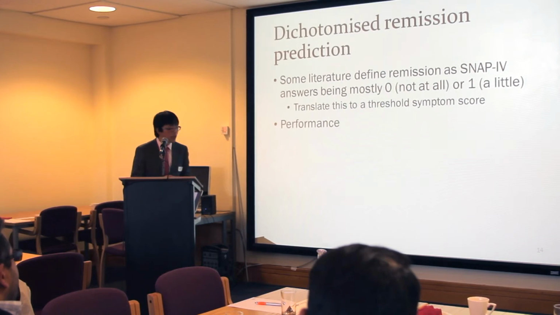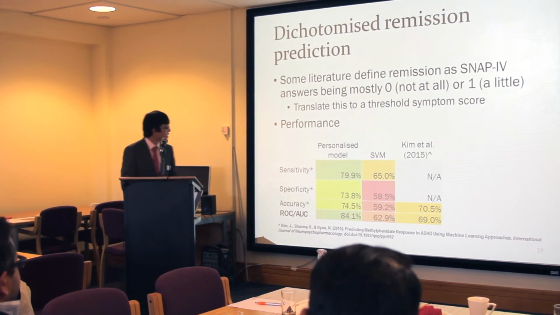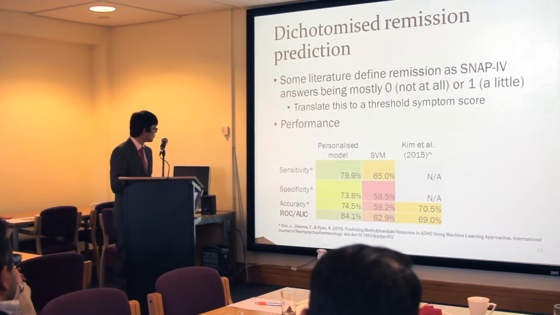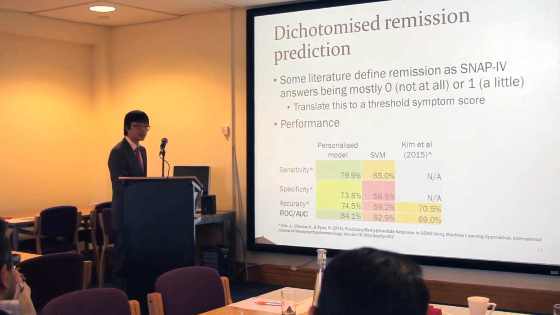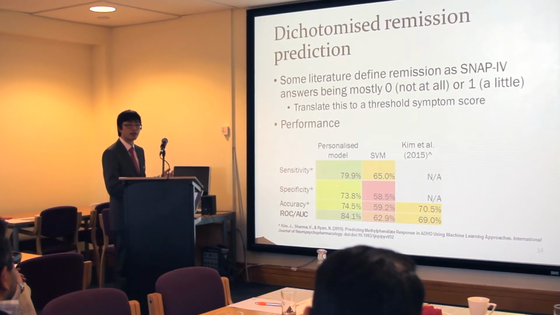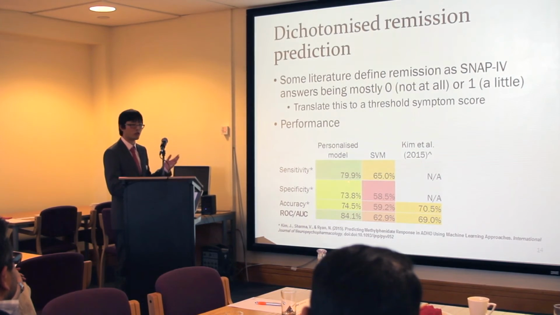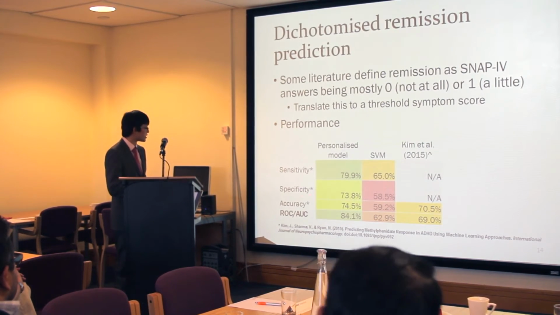Right, so here I have some performance results for the model I have developed. I don't know if you're aware of these terms. Sensitivity is the true positive rate, so how successful you are at predicting actual people who are remitting. Specificity is 1 minus the false positive rate, so the higher the better.